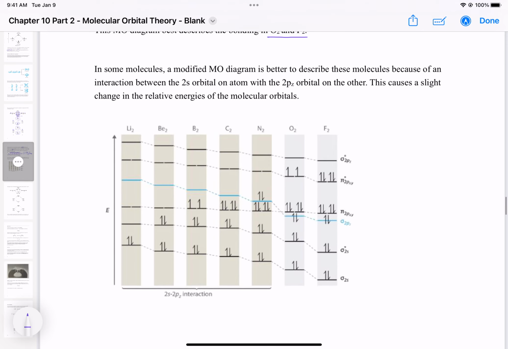So if we look at this graph here, you see this is the sigma 2pz, and see how it interacts very closely with the 2s.